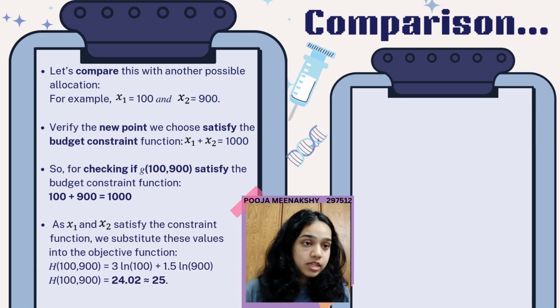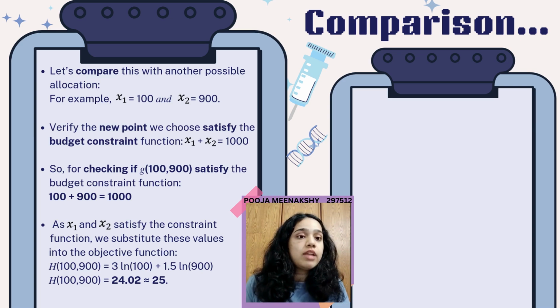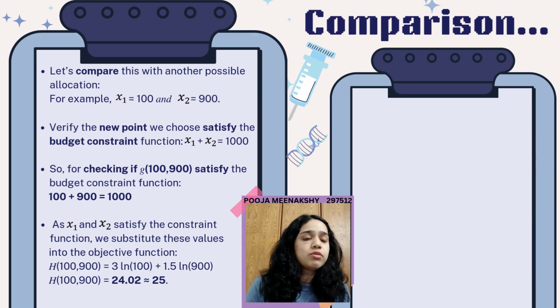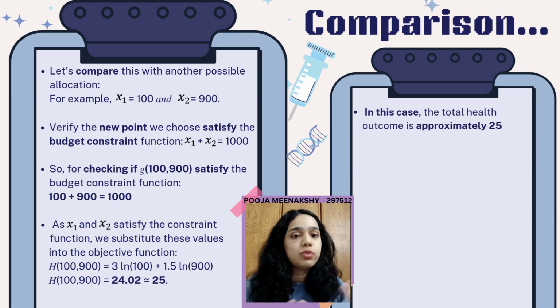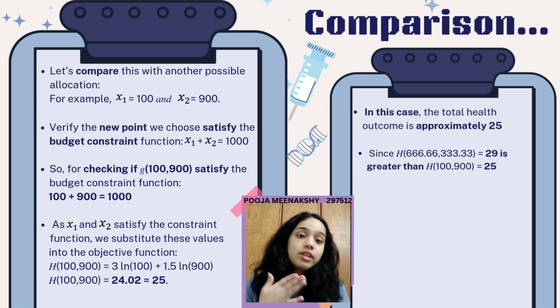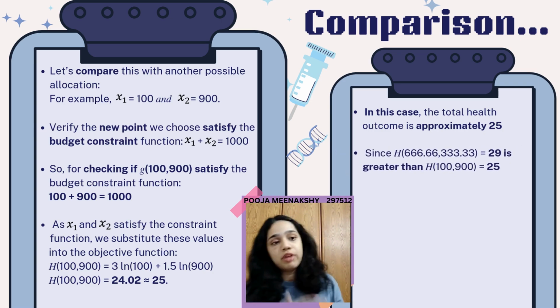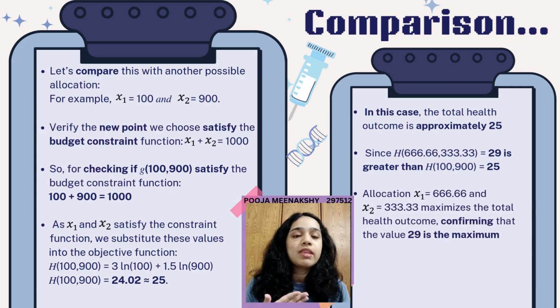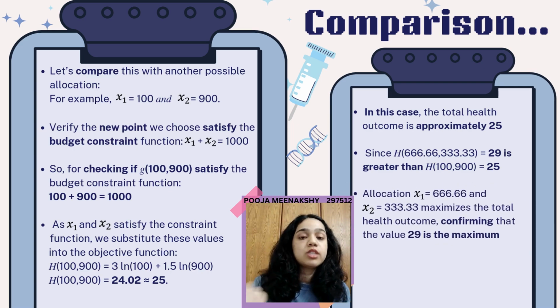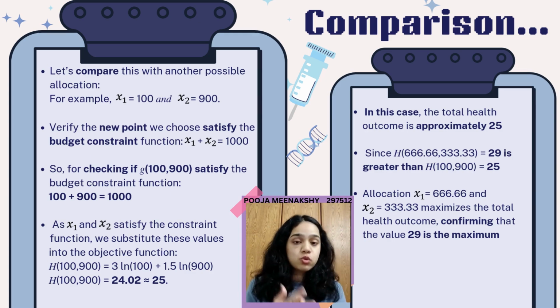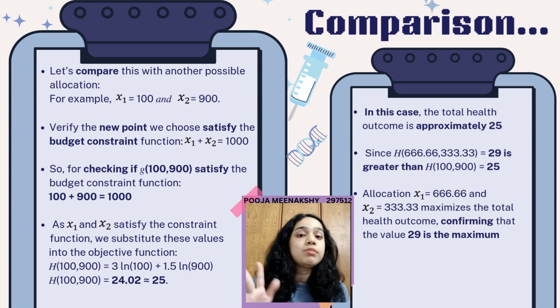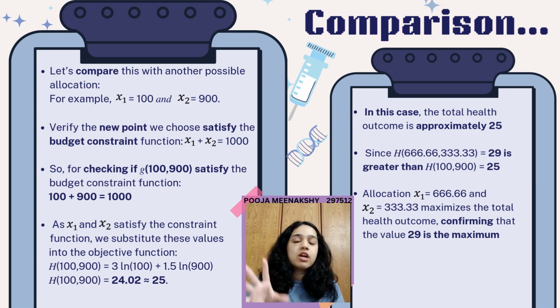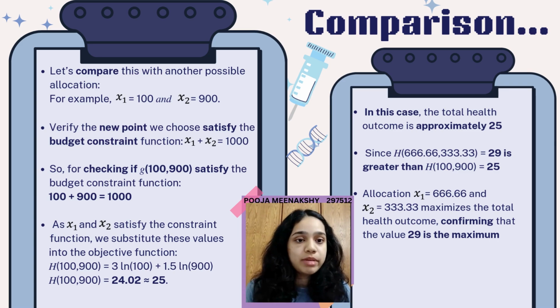As it satisfies, we substitute these values into the objective function, and we get the total health outcome of 24.02, which is approximately 25. And as 29 is greater than 25, we can conclude that the allocation x1 666.66 and x2 333.33 maximizes the total health outcome, confirming that the value 29 is the maximum.